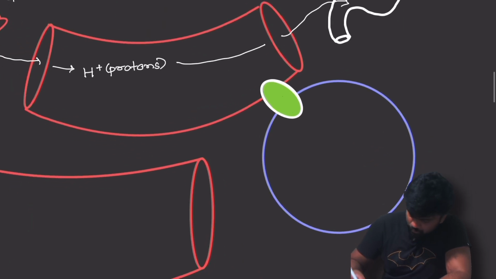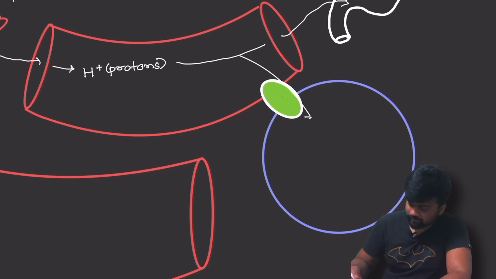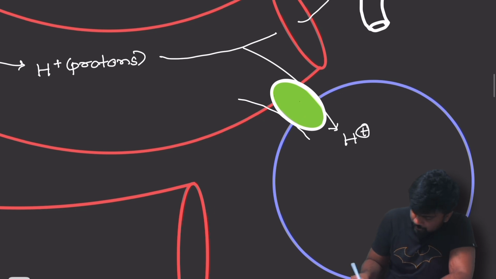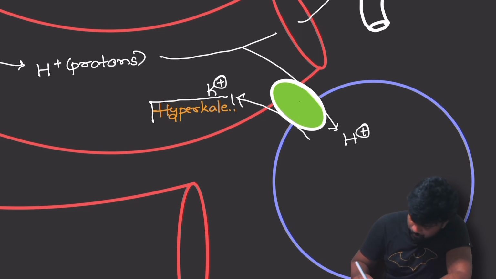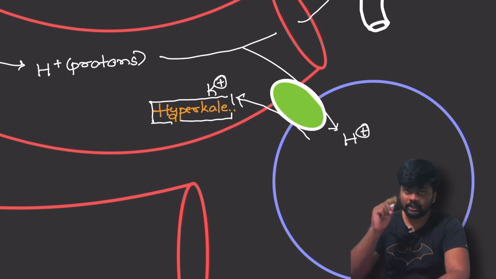The same protons will be entering into peripheral cells, and in exchange these peripheral cells will give out K+, which causes hyperkalemia. So this hyperkalemia you have to remember because this will help in treatment.